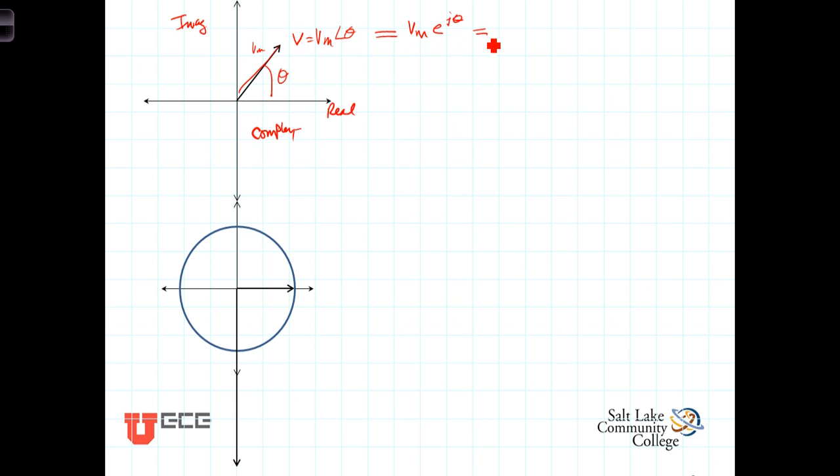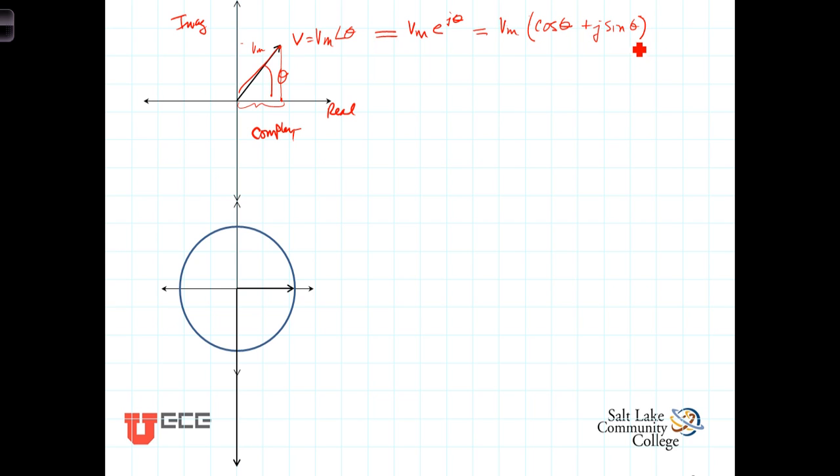And we also know that we can express it using Euler's formula, or simply pointing out that the projection of this point onto the real axis is equal to V sub m times the cosine of theta. So we can write this as V sub m times the cosine of theta, which gives us the real part, and the imaginary part is just V sub m times the sine of theta, or this can be rewritten as V sub m times cosine of theta plus j sine of theta.